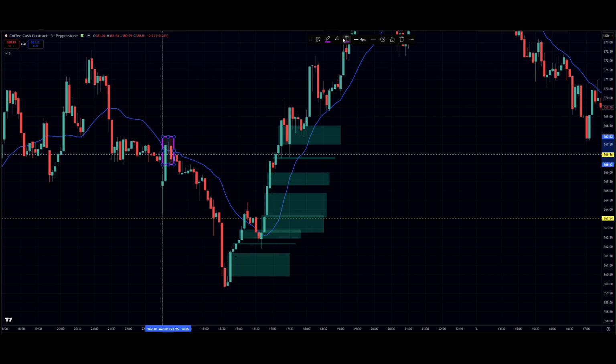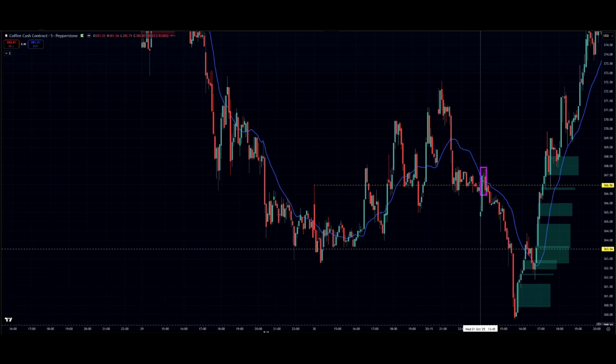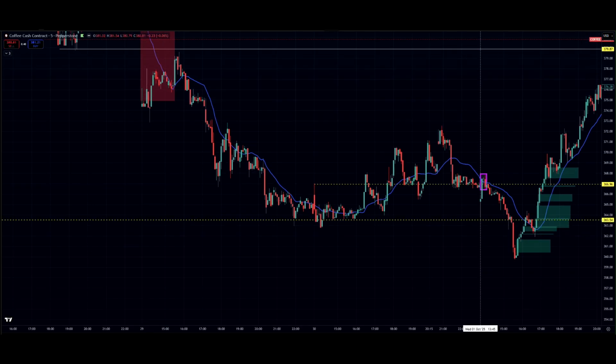This is something we have seen on Monday as well, happening many times. Something like that happened here, and here, and here. False breakouts happening all through the session.